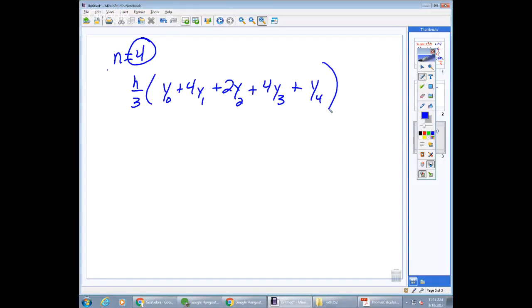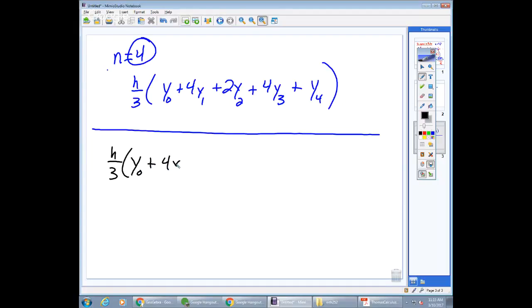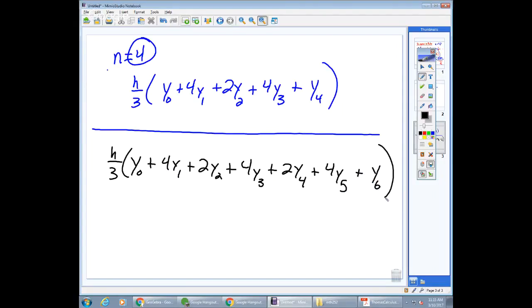If somebody says, well, I have time to do 6 of them, then it would be y0 plus 4 y1 plus 2 y2 plus 4 y3 plus 2 y4 plus 4 y5, and then I'm just about out of stuff, right? Because I only have 6 things to work with, 6 intervals. And so there's my single y sub 6 at the end.